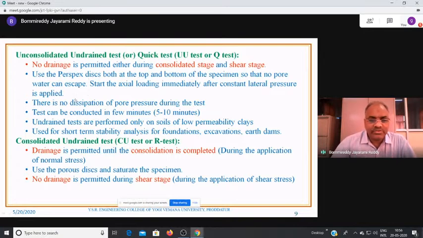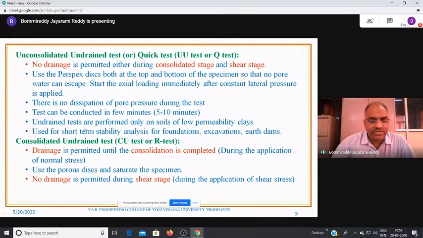Since there is no drainage, there is no dissipation of pore pressure during the test. When there is no dissipation of pore pressure, the test can be conducted in 5 to 10 minutes. It is an undrained test, particularly for low permeable clays.